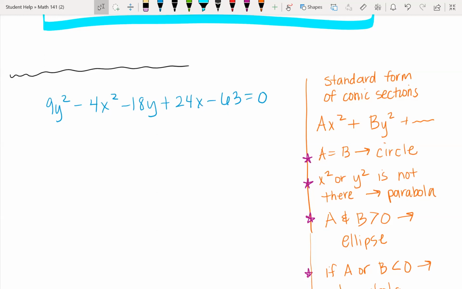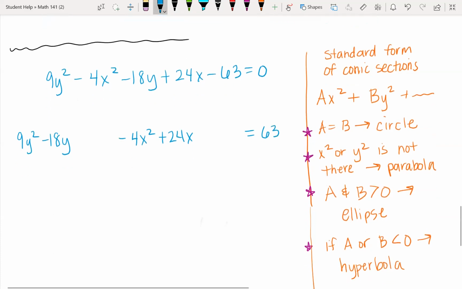The way that we approach this problem is by grouping the y terms together, 9y squared minus 18y, and then grouping the x terms together, and then moving the number, in this case the 63, over to the other side.